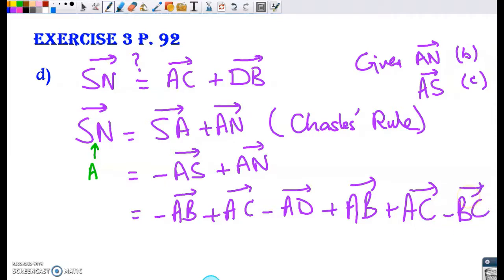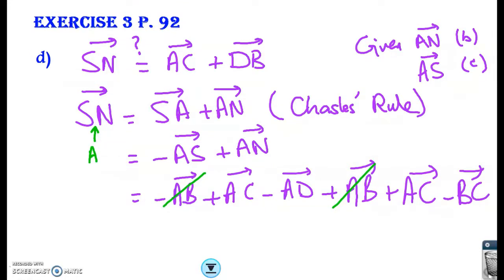Now we try to simplify. Notice here we have AB and minus AB, so they cancel out. And we have AC plus AC, which is simply 2AC. I'll change every minus to a plus, so minus AD becomes plus DA, sorry.